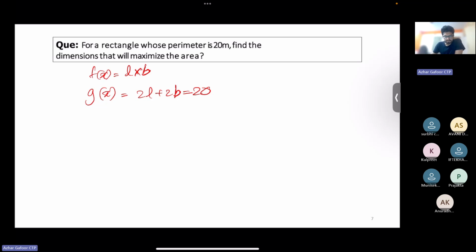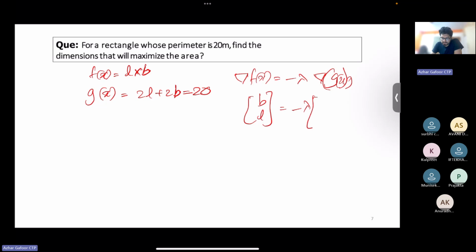All right, let's look at the complete solution. First we have to apply this condition. So what is it going to give? We have B and L is equal to minus lambda into 2 and 2.